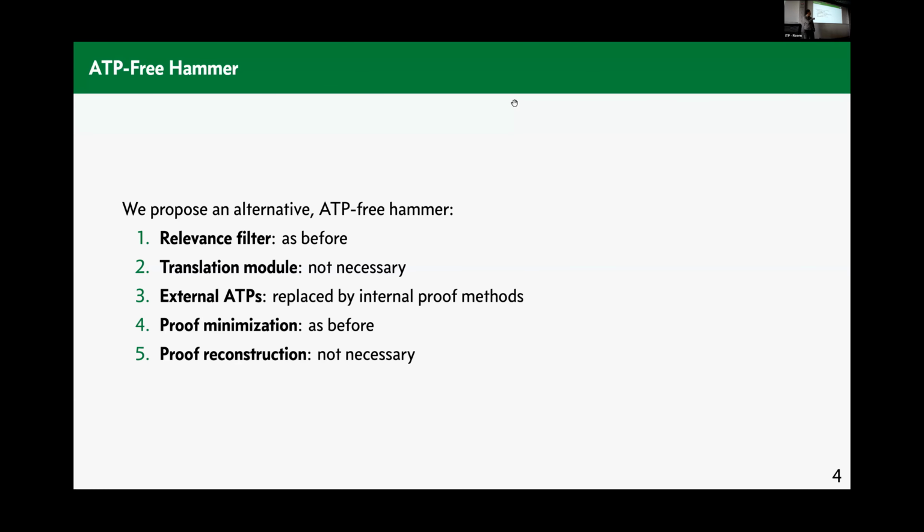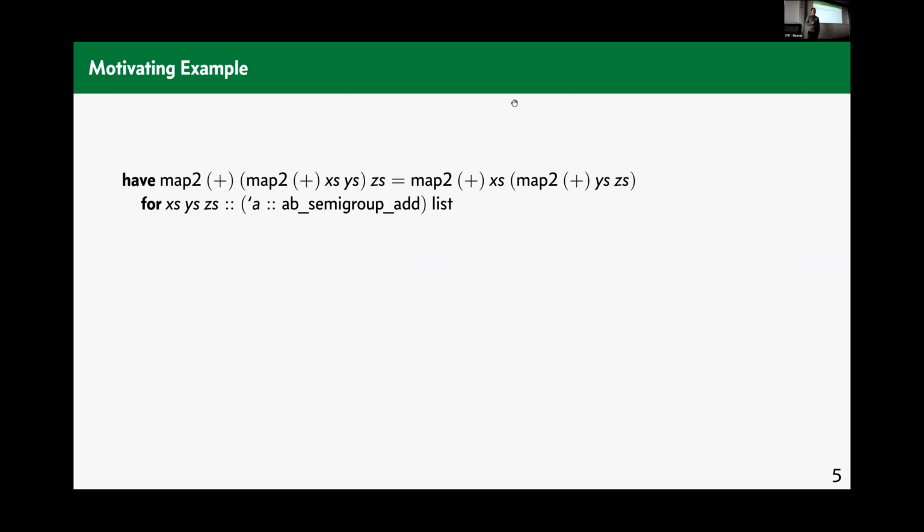So in this project, we implemented this new architecture for an ATP-free hammer. And the way we can use it is this way. This is an example of a problem that we found during the evaluation, an example where this new architecture actually adds something compared to the status quo.